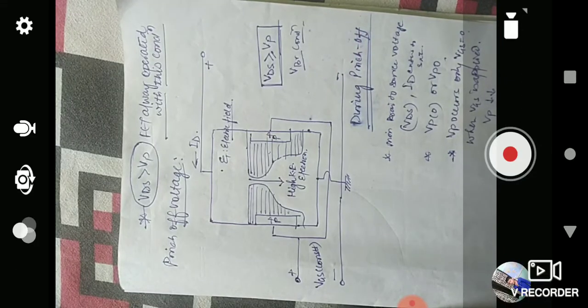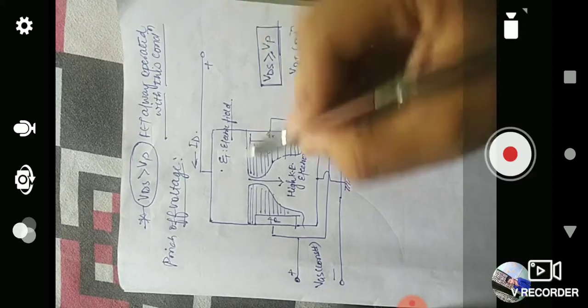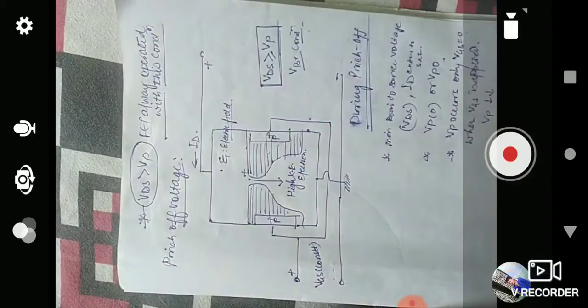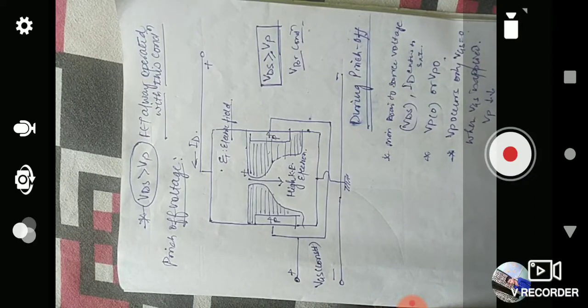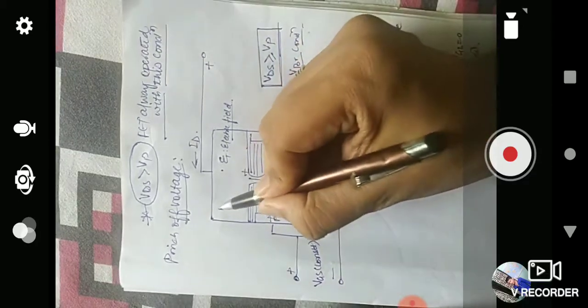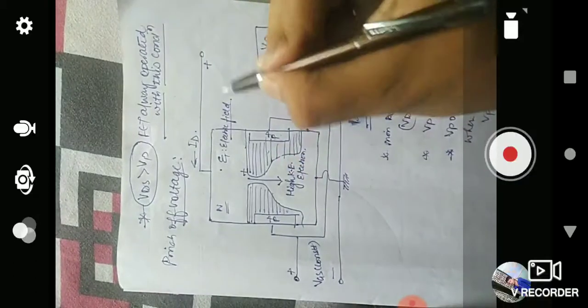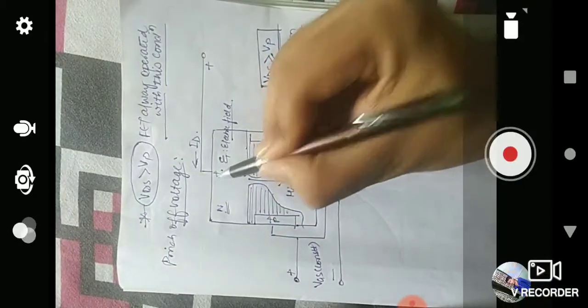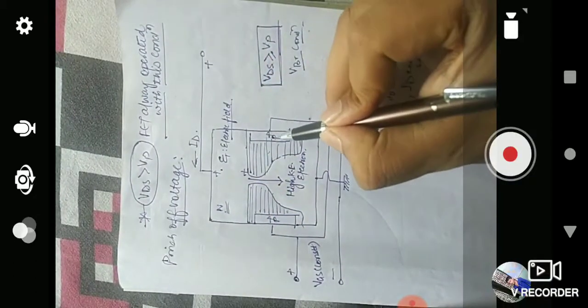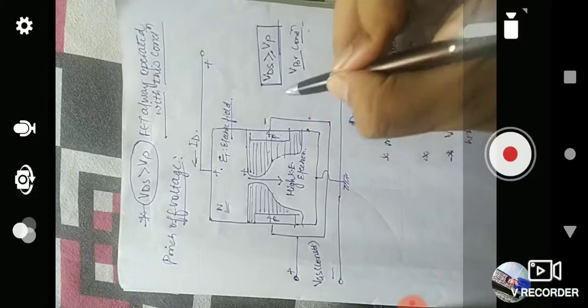During the pinch off, when VDS is increasing and is greater than VP, the upper end of the channel will become more positive, and the P plus N junction will become more reverse biased. As you know, the N is connected with the positive terminal and the P is connected with the negative terminal.